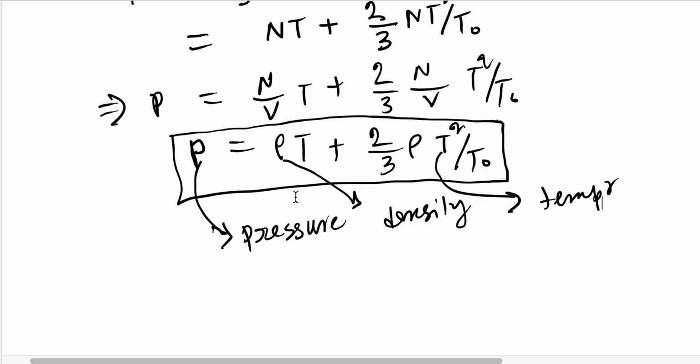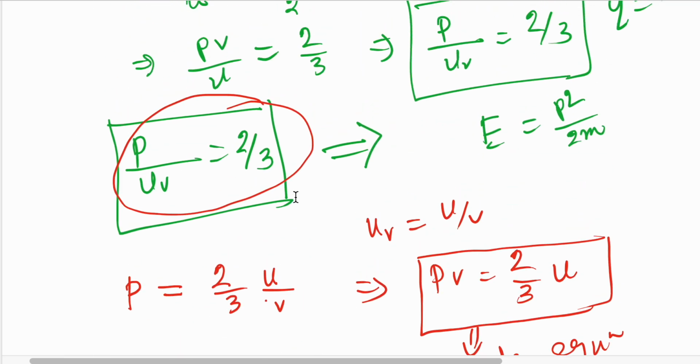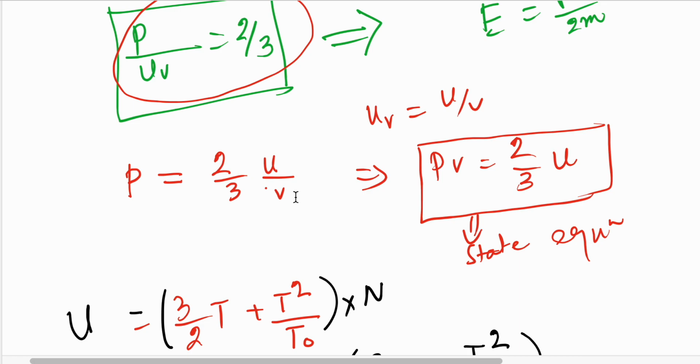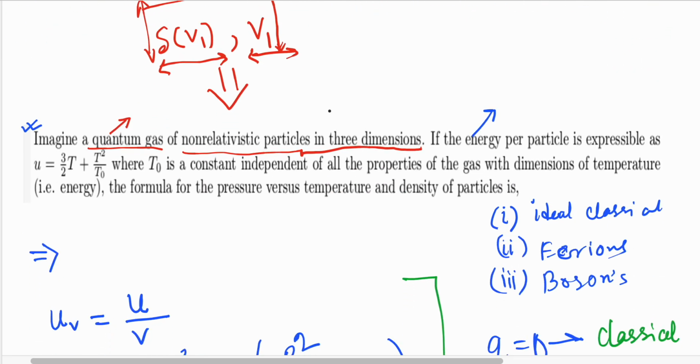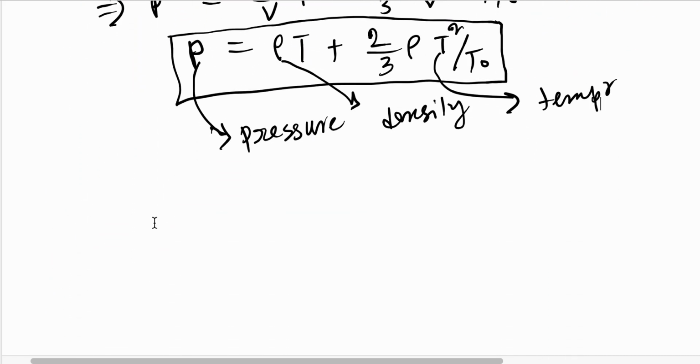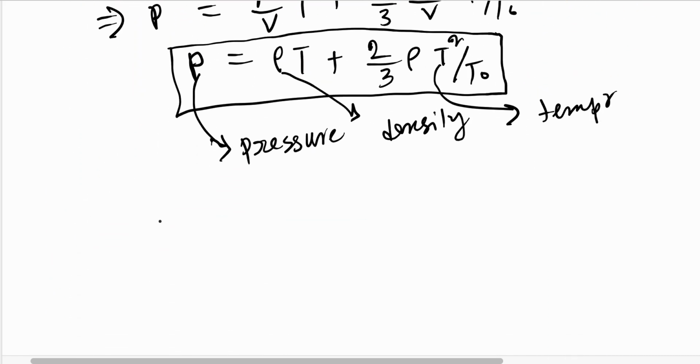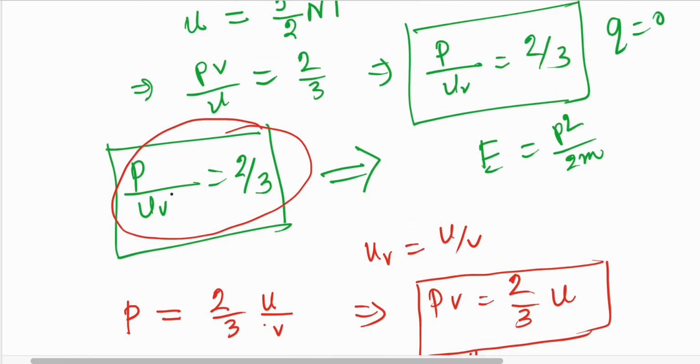You can see that it is very easy if you know that in 3D, a non-relativistic particle always follows PV equal to 2/3 U, and then you can calculate the state equation of the system, which is P equal to rho T plus 2/3 rho T square by T0. So that's it. We have solved question 3.